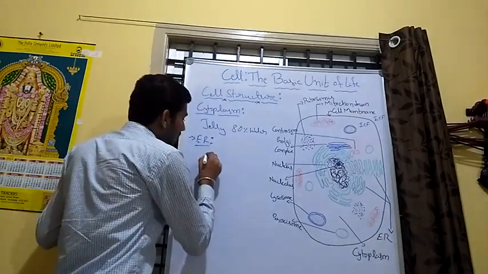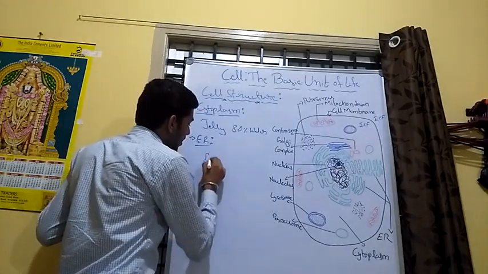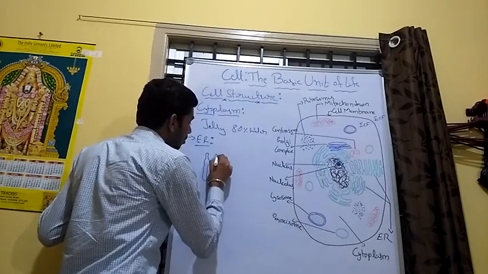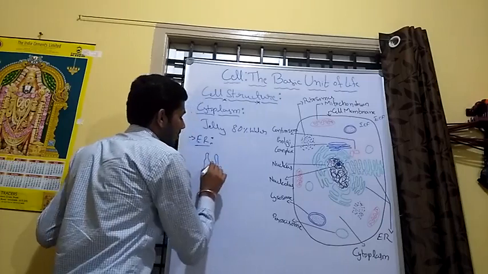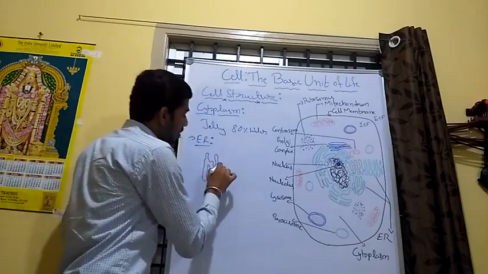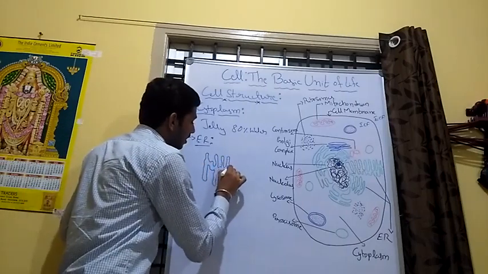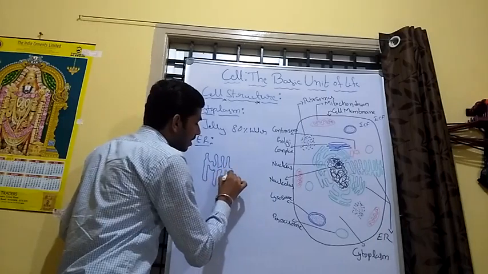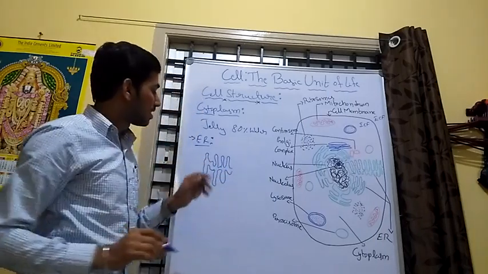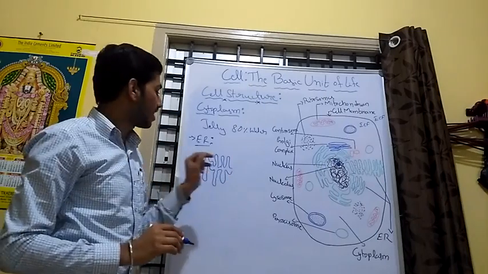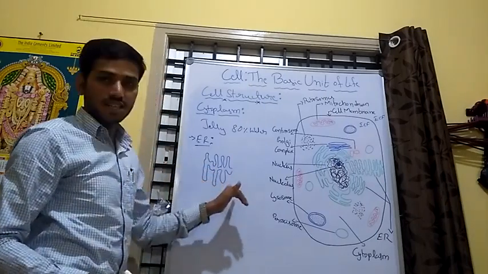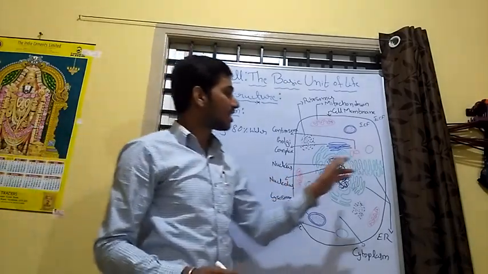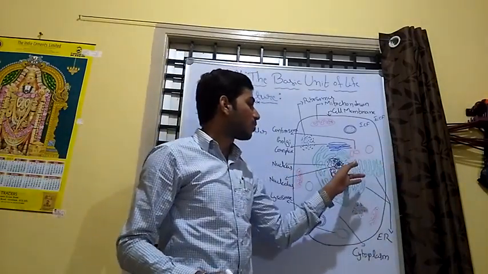The endoplasmic reticulum is a tubular-like structure organelle present within the cytoplasm of the cell. And this tubular-like structure connects the cell membrane and the nuclear membrane.